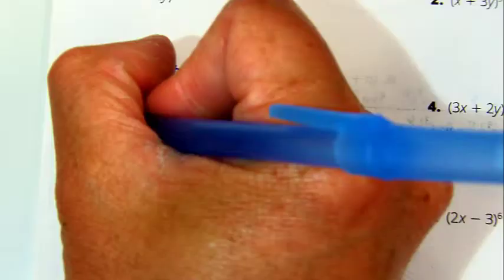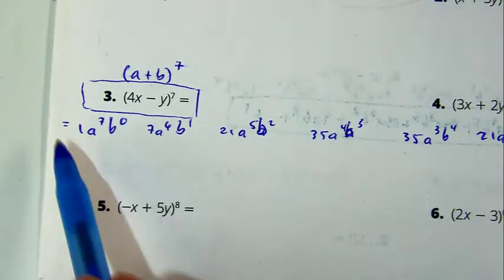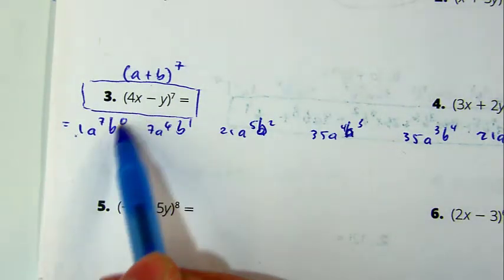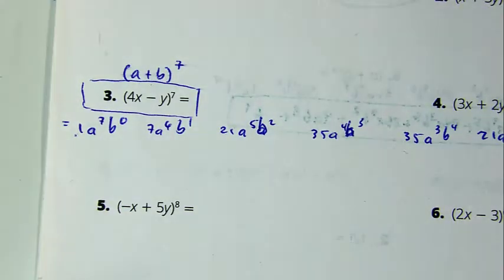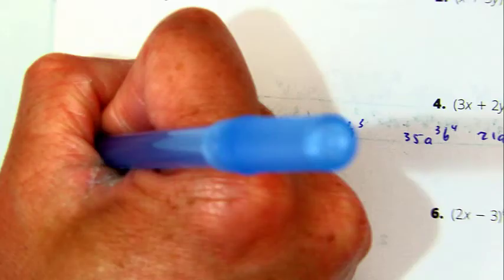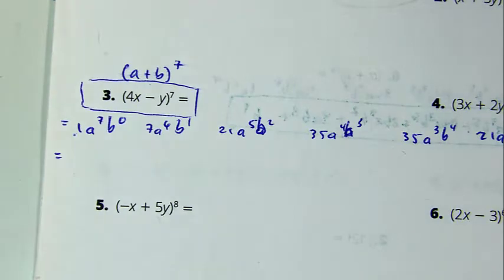And then yesterday we learned not to write the 1s or anything b to the 0 power, because b to the 0 power is a 1. Laws of exponents: anything to the 0 power is 1. Angel R, help us write it without 1s and zeros, and also put in your plus signs.